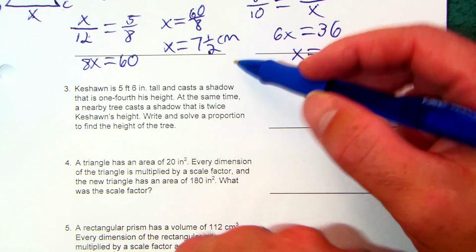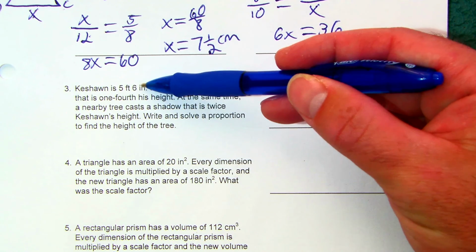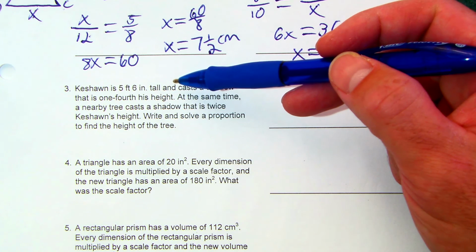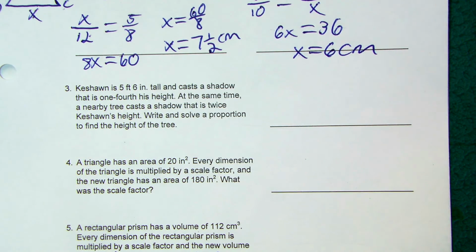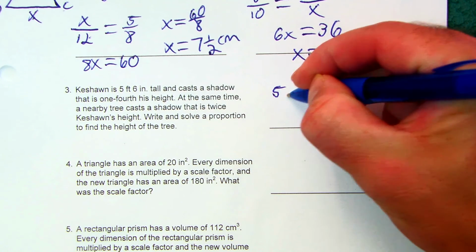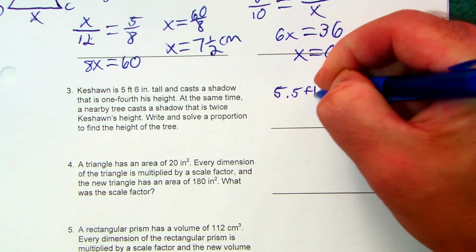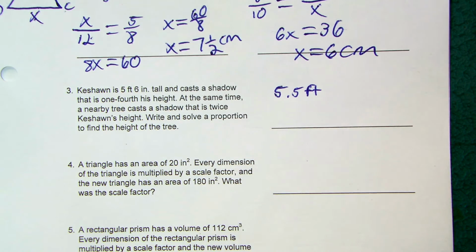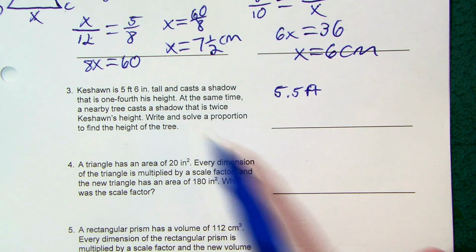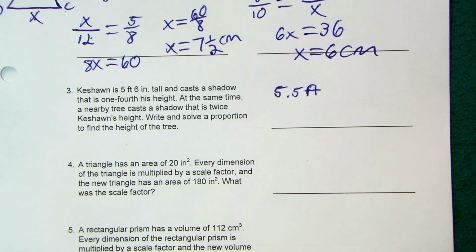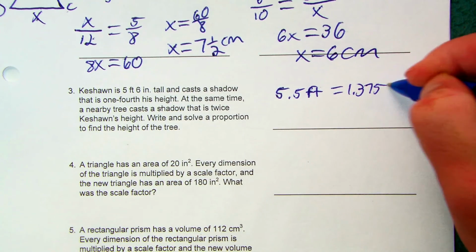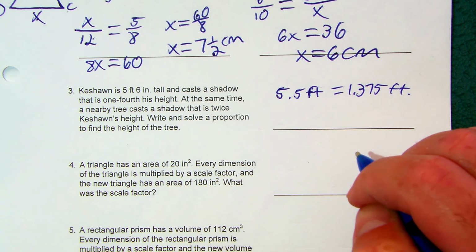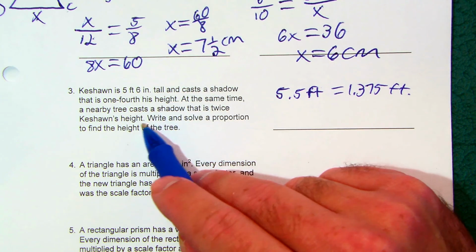All right, so he's 5.5 feet tall. The shadow is 1/4 his height. So if you think about that, 1/4 of that you just divide it by 4. So 5.5 divided by 4 is 1.375 feet would be the length of his shadow. At the same time, a nearby tree casts a shadow that is twice Kishan's height.